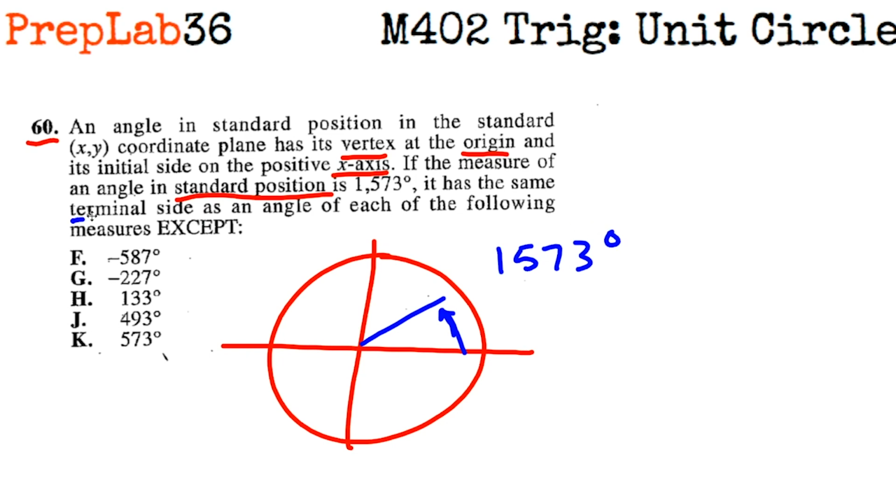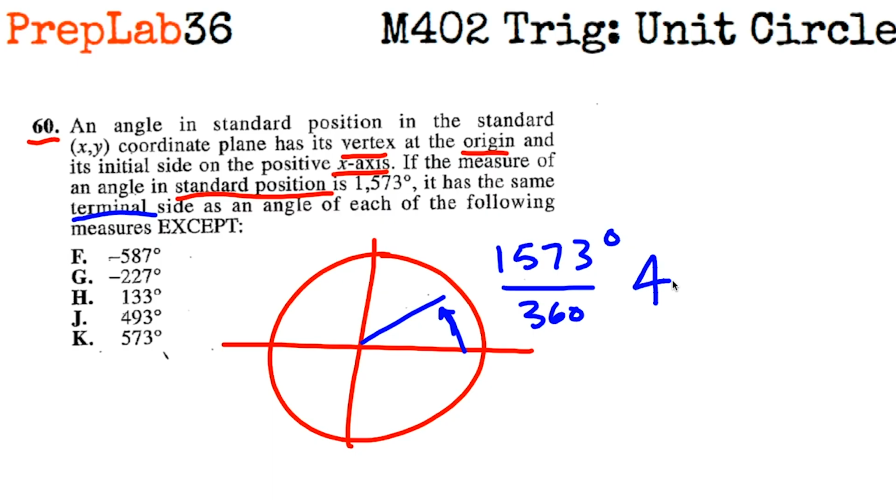Each of the following has the same terminal side except 1,573 degrees. Well, what do we do? We divide it by 360, and we see that it goes around 4 times with a remainder of 133 degrees. So the terminal side is 133. Yes, you have to divide 1573 by 360 and get a remainder.